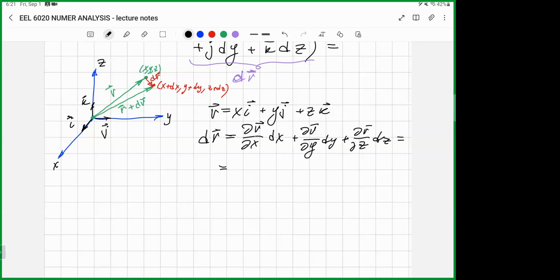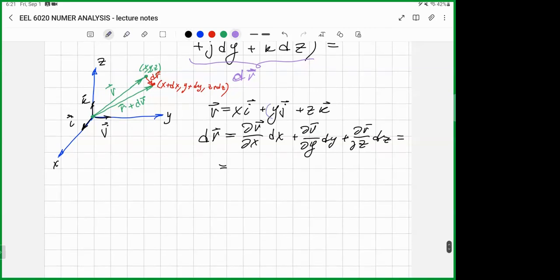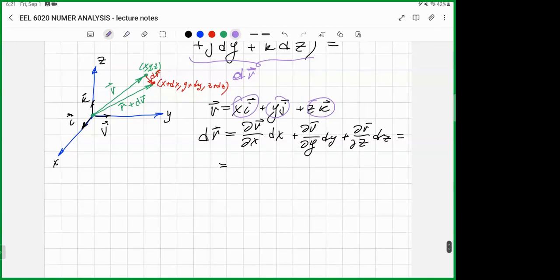The second and third terms in the formula for r don't contain any x, so the derivative is 0, and only the first term contains x. When I take the derivative of this, x is gone, and I am left with i, so I get i dx, and the same way for the second and third terms, so I get j dy plus k dz.